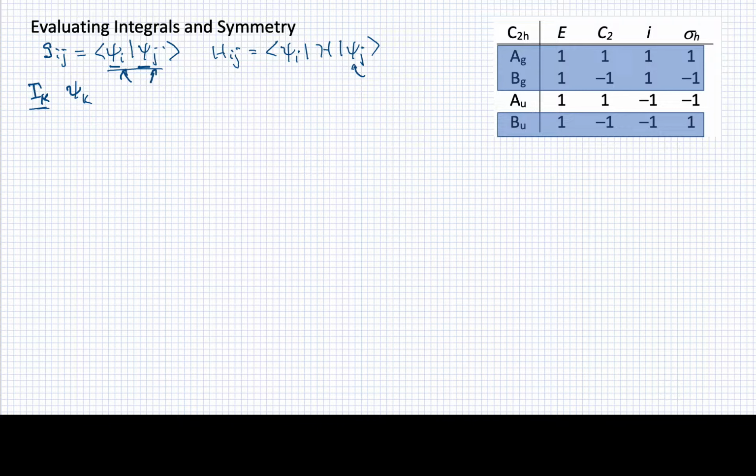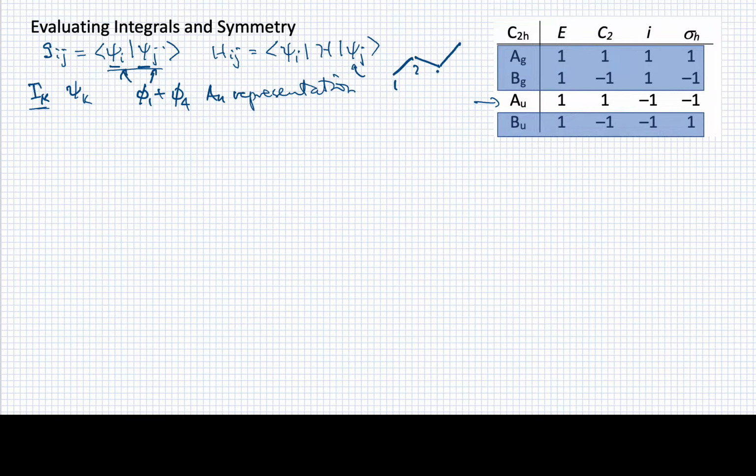Now, just to give you an example of what the meaning of this would be, remember that one of the linear combinations we found that belong to the Au representation, that's the Au representation of C2h, is reproduced here, and this is for the molecule butadiene.